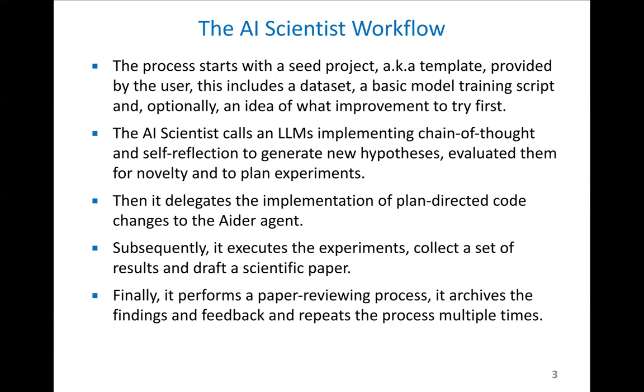Once the training process has succeeded, and that happens on the local machine, that's why the machine has to have a GPU, and the results are available, it drafts a scientific paper, and then it performs an evaluation through the peer review agent.